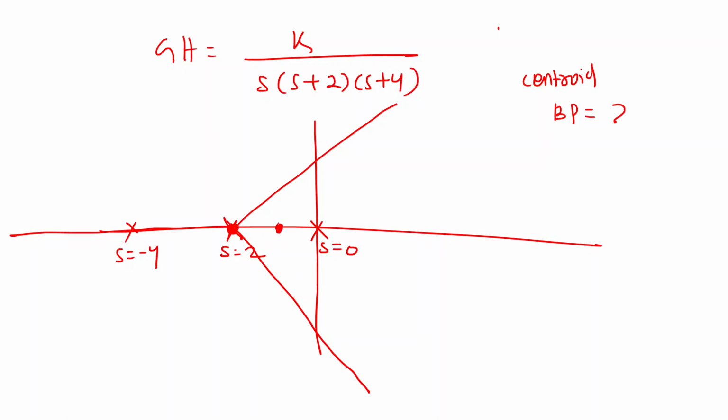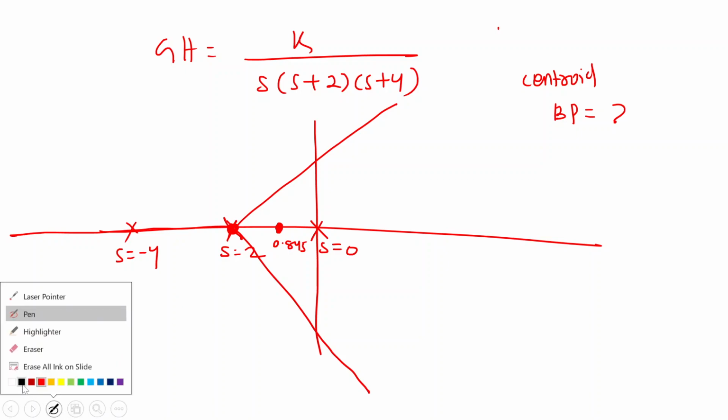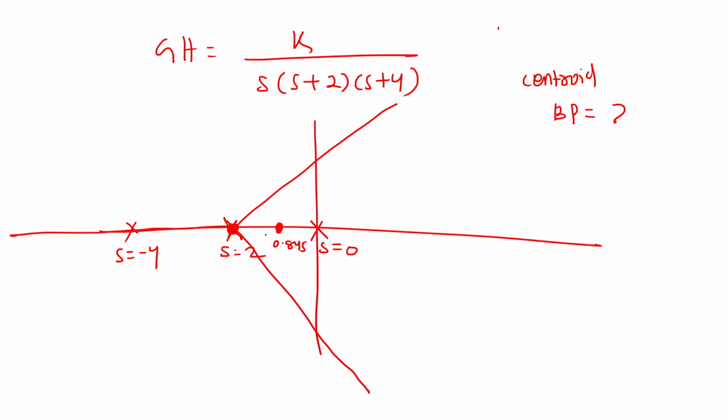So 0.845. What is your observation? This is the break point, which means I will now show how you draw the root locus. Observe that these are the 2 poles here. These poles will come closer here.